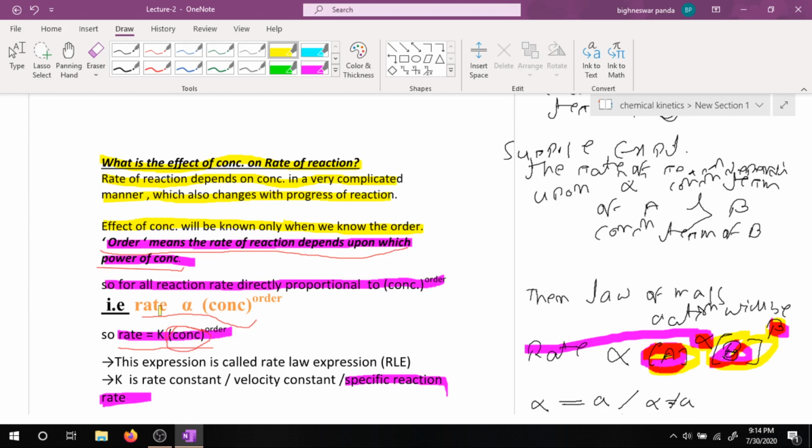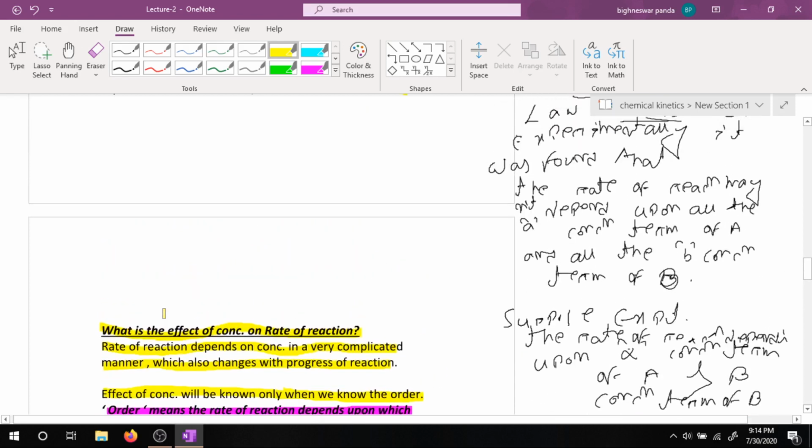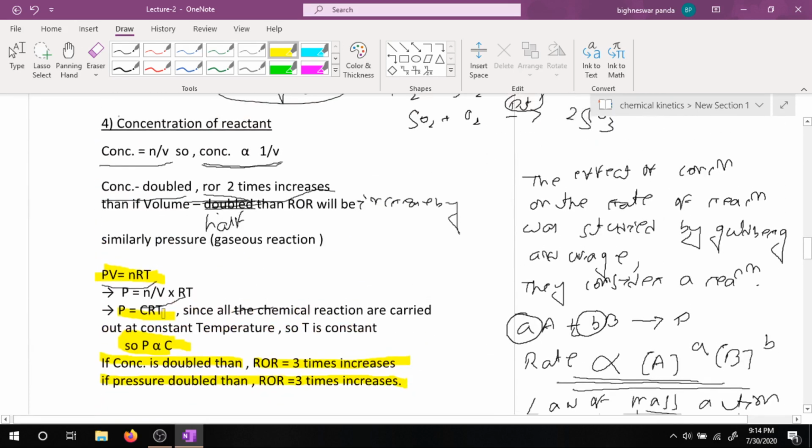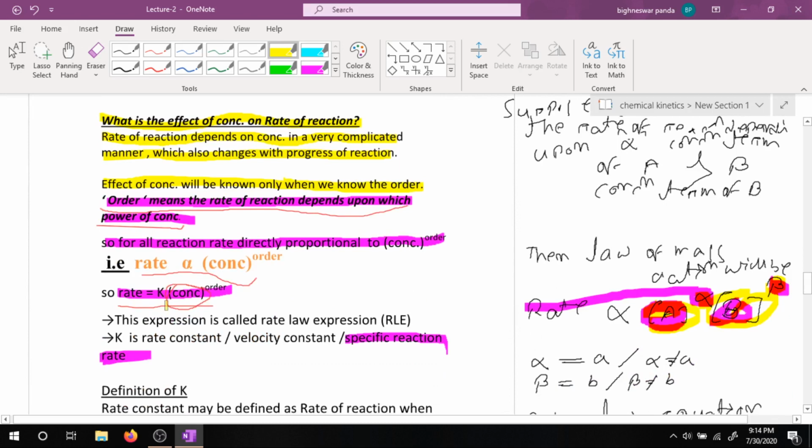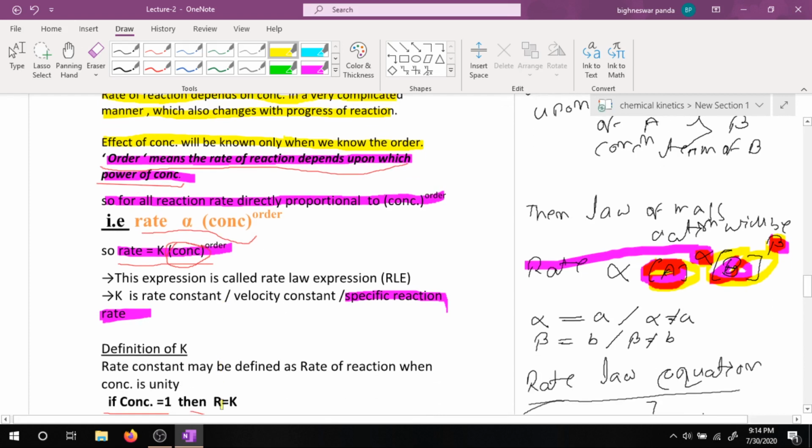They are the Norwegian chemists, and they proposed a law, that is law of mass action. But experimentally it is observed that the rate of reactions may not depend upon all the concentration terms involved in the stoichiometric coefficients. So they proposed another equation, that is rate law.